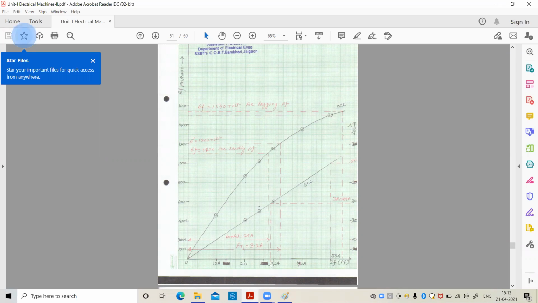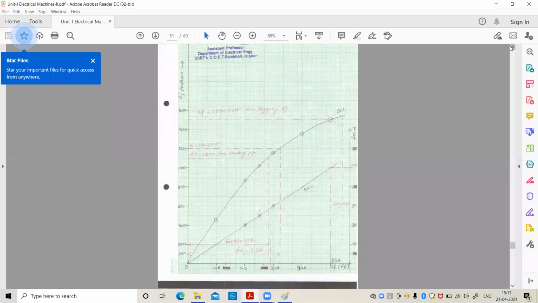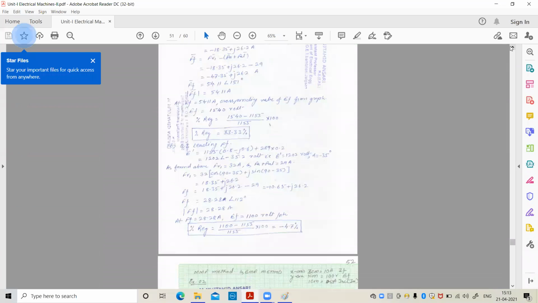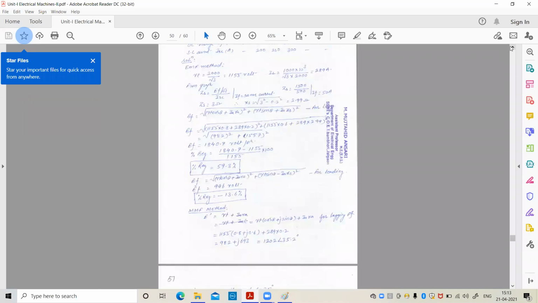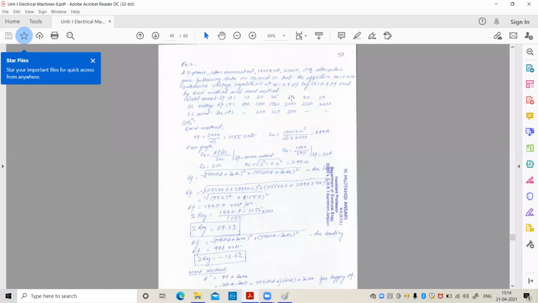In the given data, the data is given up to 30 ampere field current. For example, at 30 ampere field current, the short circuit current is 300 ampere.